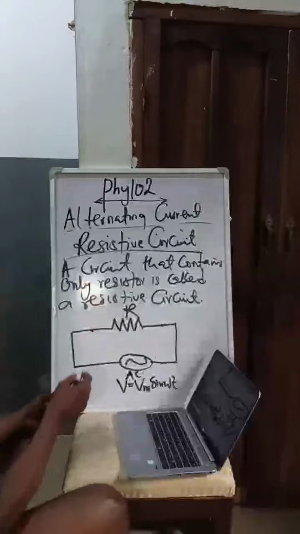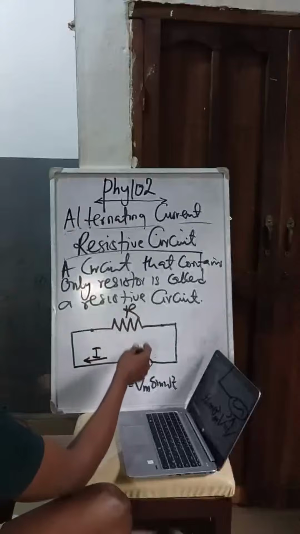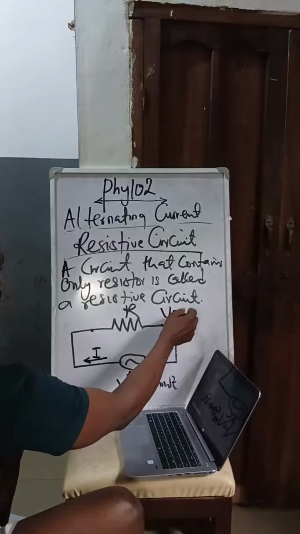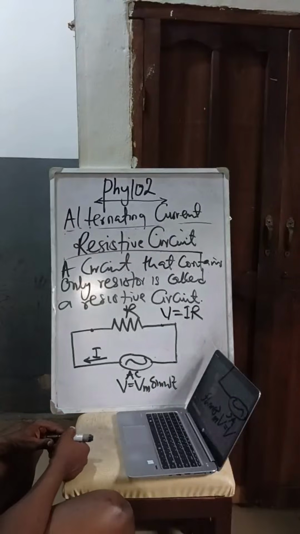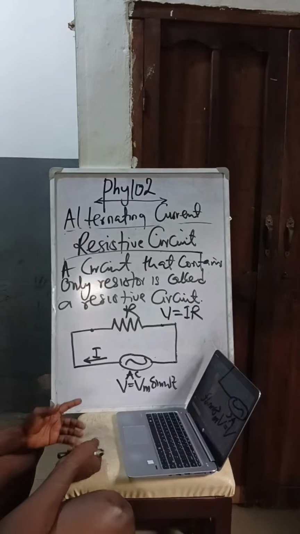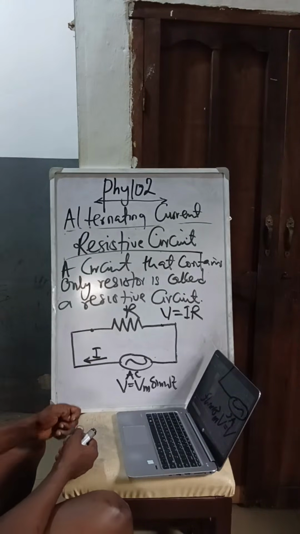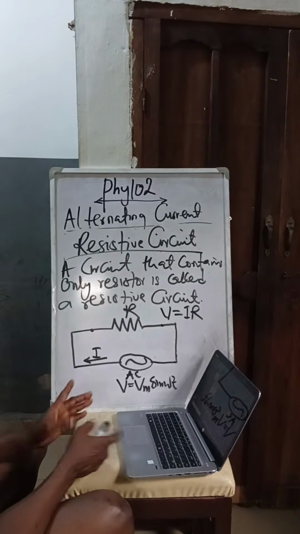And the current that flows through it produces voltage as IR. So we can understand that the current in the resistor is in phase with the voltage across the resistor, across the two terminals.